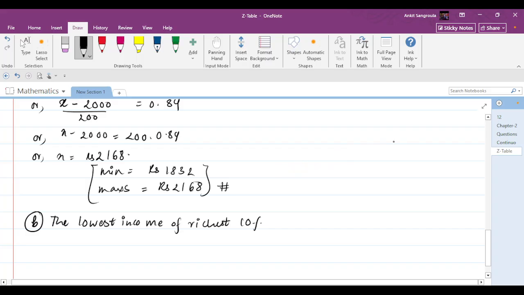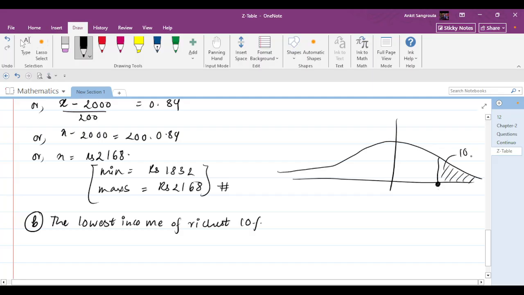Now if you look at the Z table again, the richest 10% lie in this category, and this is the lowest income of the richest 10%. If 10% starts from here, then on this side you have 90% of employees.